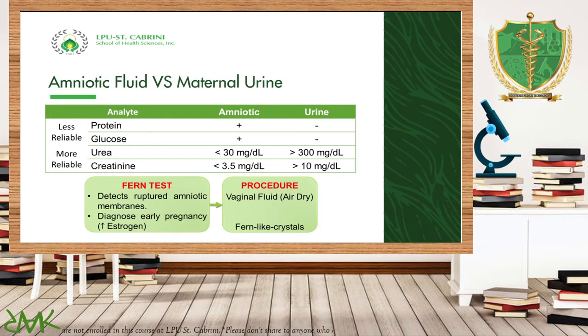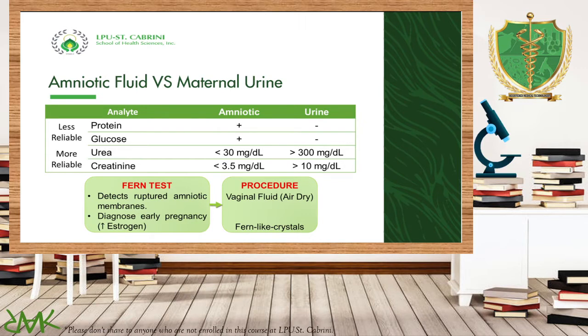If the mother experiences hypertension, pwedeng mataas ang protein niya or trace amounts. Or pwede din naman glucose present in the urine of the mother if the mother developed GDM or gestational diabetes mellitus. Meaning to say, protein and glucose are less reliable analytes for us to differentiate amniotic fluid from maternal urine.